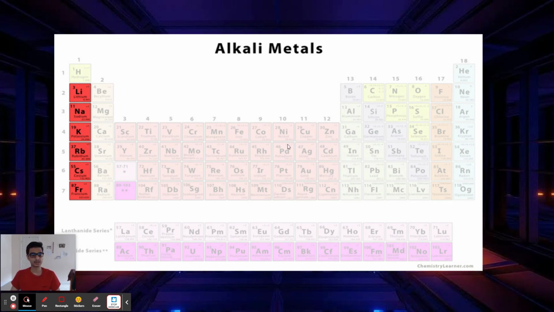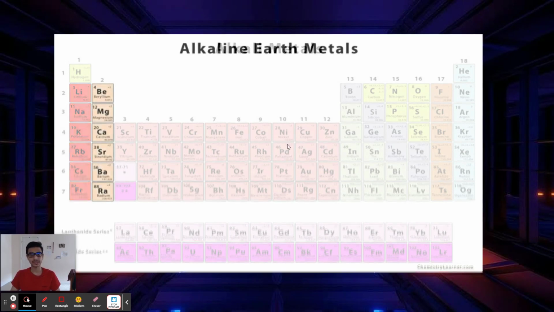But we'll get to that later. The second group is called the alkaline earth metals, and these elements are beryllium, magnesium, calcium, strontium, barium, and radium. These are very common elements found on Earth.